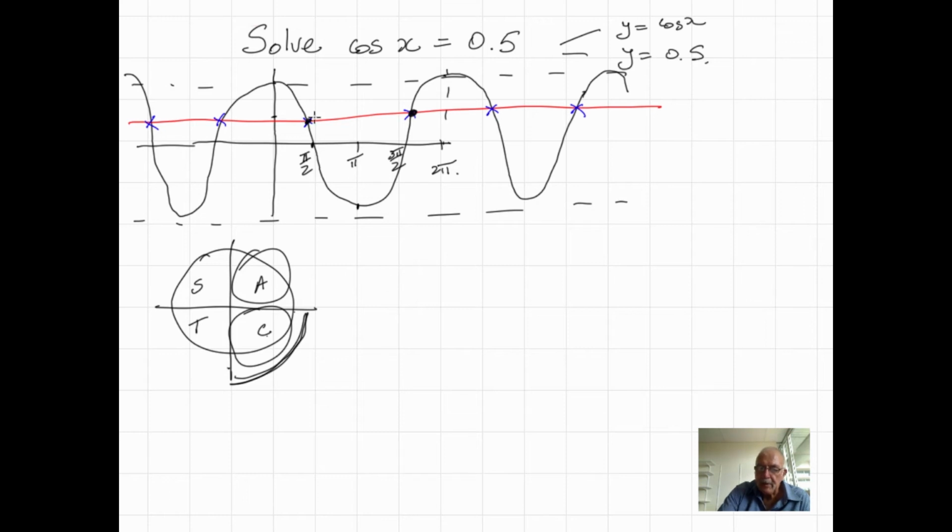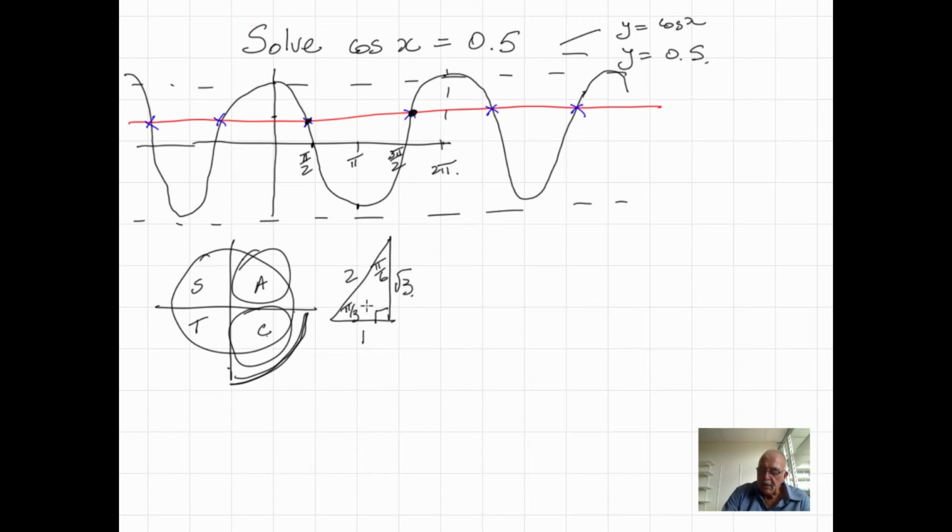And this value here is going to be somewhere in the first quadrant. All right, now 0.5 is a half, and we go back to our little special triangles where we've got pi on 3, pi on 6, in degrees that's 60 and 30. This is an equilateral triangle cut in half, so that's 1, that's 2, that's √3.